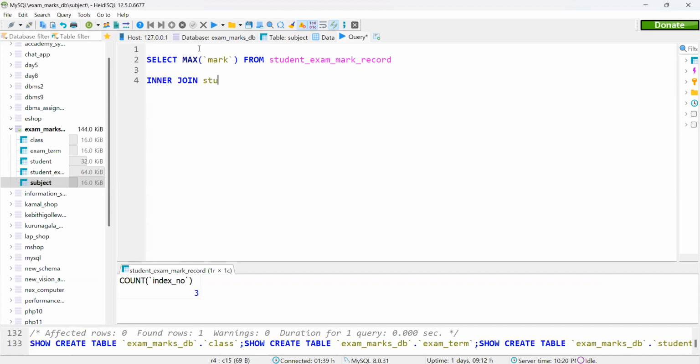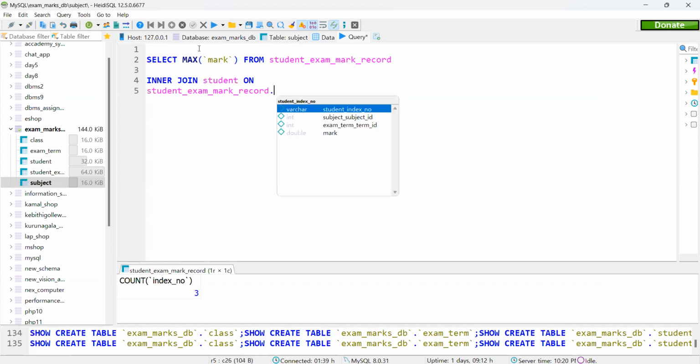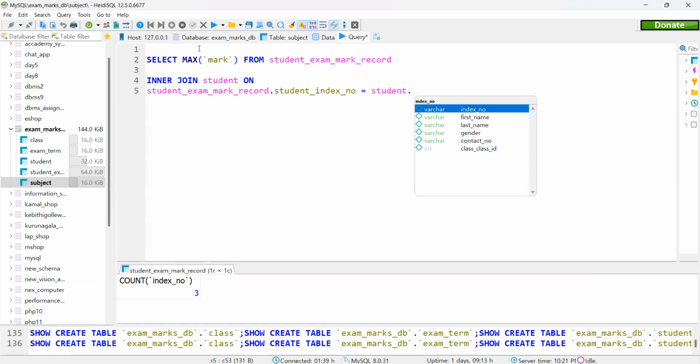our student table on student mark record student index and student table index number, student index number.